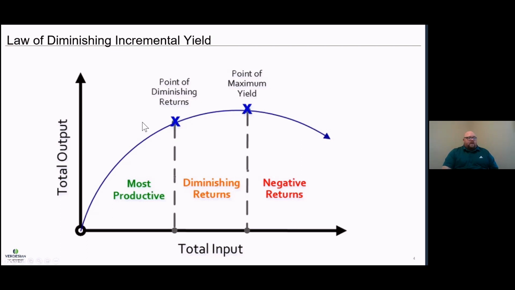And this is really when we talk about metrics at the end of the season, this is where you want your metrics boundaries to be, where you are the most profitable and the most productive, and you want to stay away from these negative returns, because every time we get over the top of this, now we have nitrogen that's being unused, and it's out there for potential loss, whether it's leaching, volatilization, or denitrification, any one of those things.